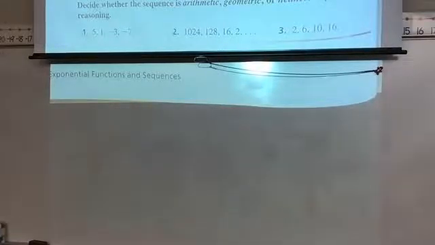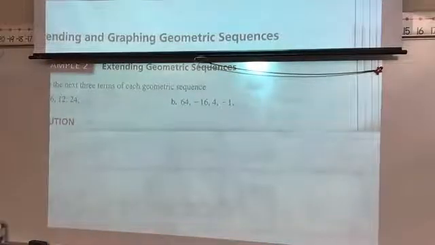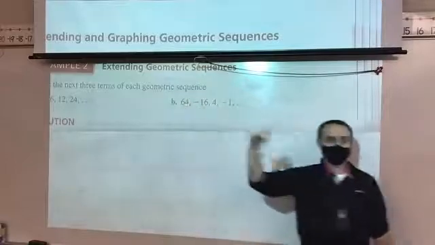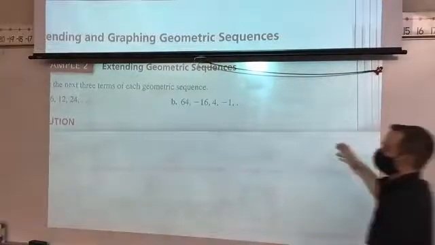That's nothing. Good deal. I want to point out one here because we did have the question earlier about can you have a common ratio that's a negative? And this is what it would look like. It would jump back and forth between positive and negative, because every time here we're multiplying by a -1/4. That should be no problem.